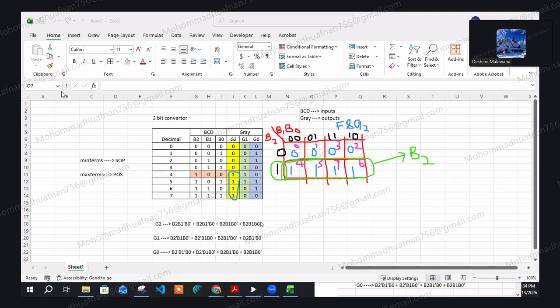Then now we are going to generate the equation for G1. So G1 is what? Same as this one, we need a 4 by 2 map.